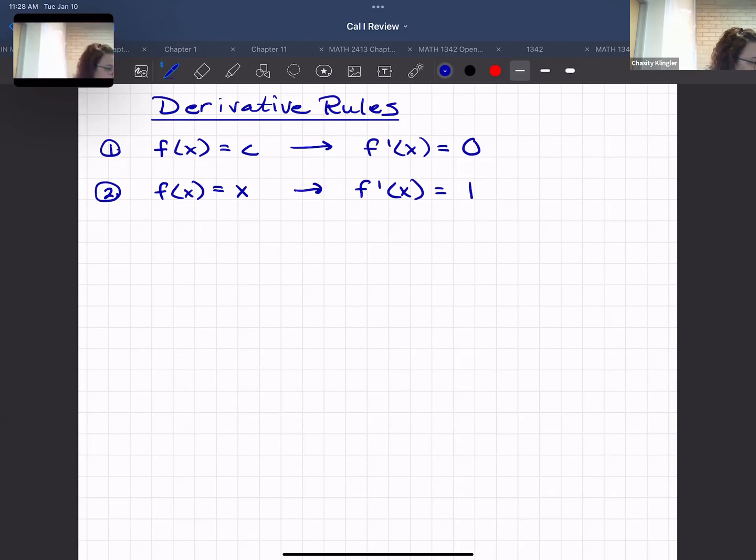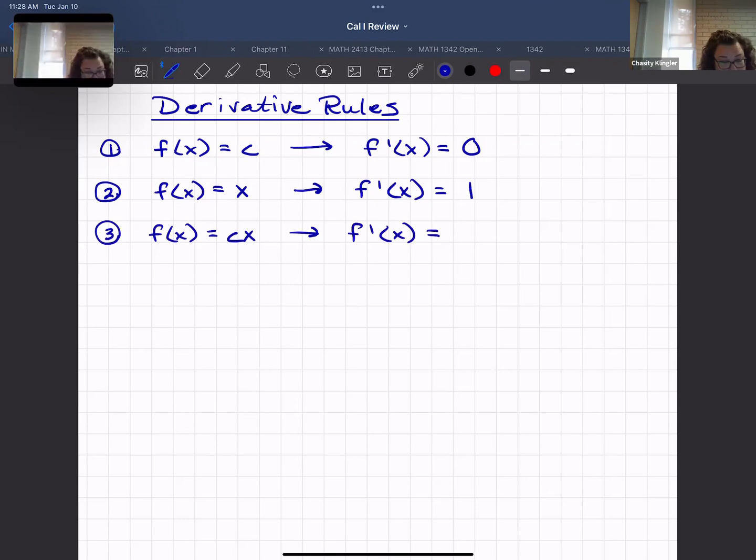Okay, so that means that if I give you a constant times x, what's that derivative? It's just whatever the constant is. So like 3x, the derivative of 3x is just 3.